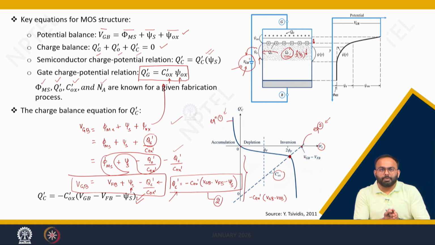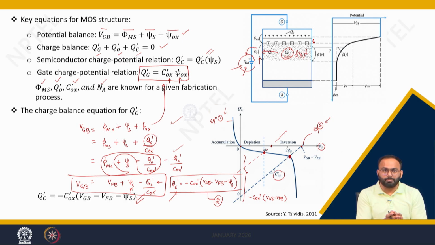Let us take an example. If I reduce VGB, so I am here. If VGB is reduced, then the solution of equation number 2 will give you this line, and hence the intersection point will be this. In general, if you reduce VGB, you are going towards depletion.